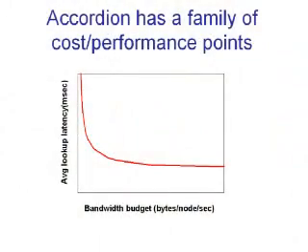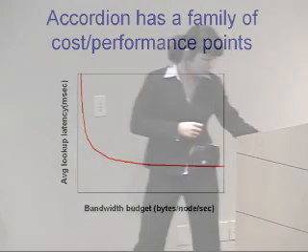And thirdly, Accordion has only one simple parameter, the bandwidth budget. But for any of the other competing protocols, there is a wide range of parameters you can set, and we don't know how to set them. I wish I could present you one single number that evaluates the performance of Accordion, but I cannot, because the performance of Accordion depends on the bandwidth budget you give it.